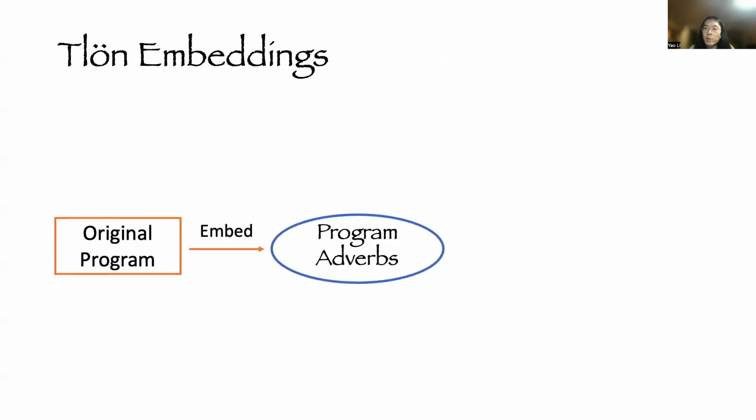In conclusion, in our paper, we present a class of mixed embeddings called Tlon embeddings that allow us to embed programs using program adverbs. Program adverbs are structures that are parameterized by effects and can be interpreted into shallow embeddings.